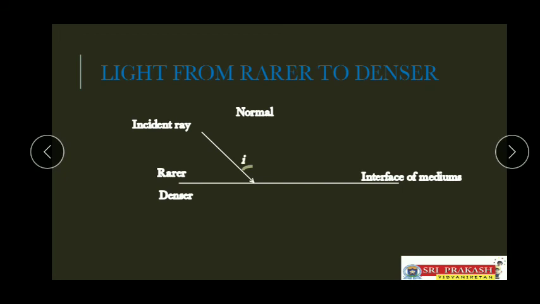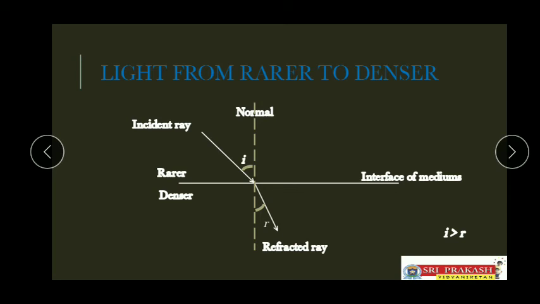This incident ray is going to make an angle I with the normal, and the normal is the perpendicular line drawn to the interface. Interface and normal are perpendicular to each other. The angle between the normal and the incident ray is called the angle of incidence. The angle between the normal and the refracted ray is called the angle of refraction.